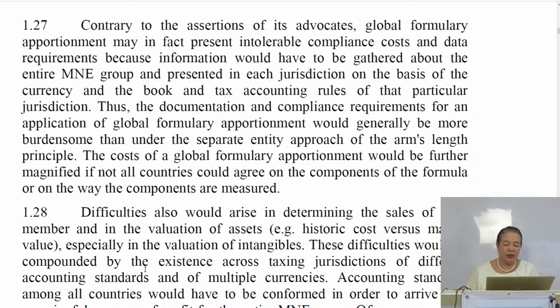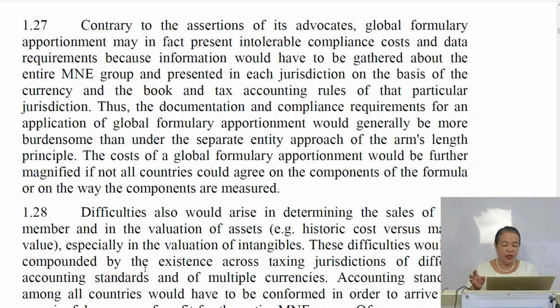And the book and tax accounting rules of that particular jurisdiction, no? Kasi kagaya sa Pilipinas, meron din tayo sarili nating mga bookkeeping rules and regulations. Not so much on accounting because we already adopted the international financial reporting standards. So, meron tayong accounting standards na normally international. No? So, not so much on accounting.